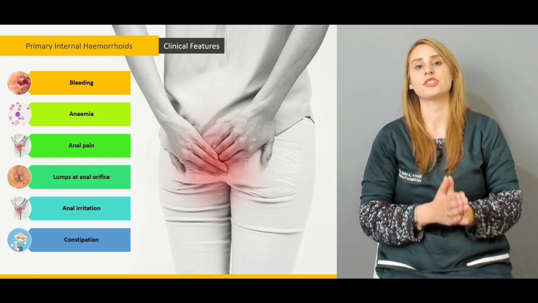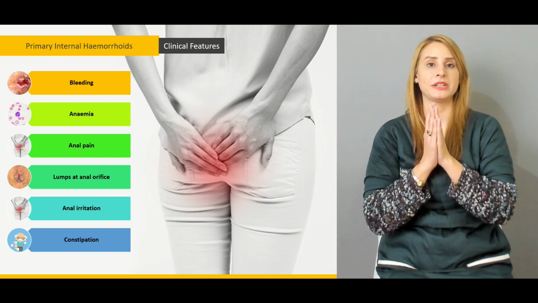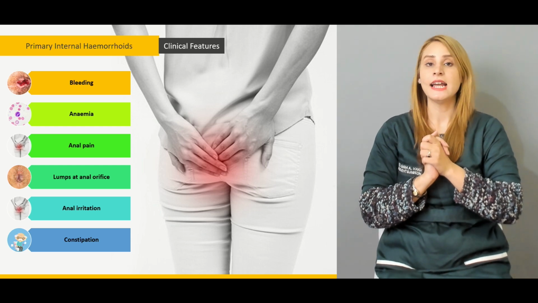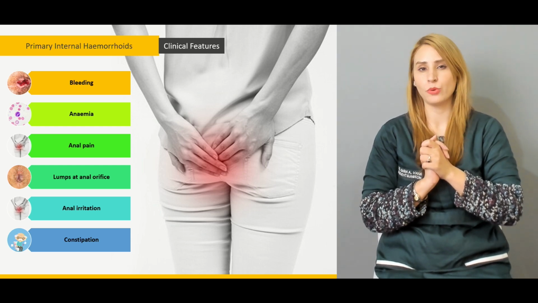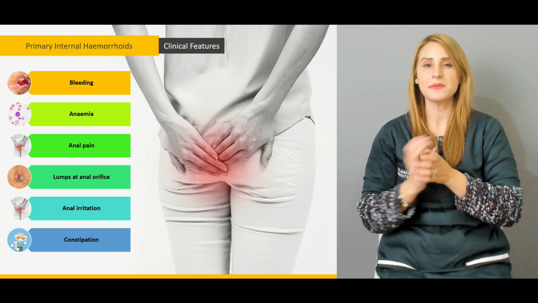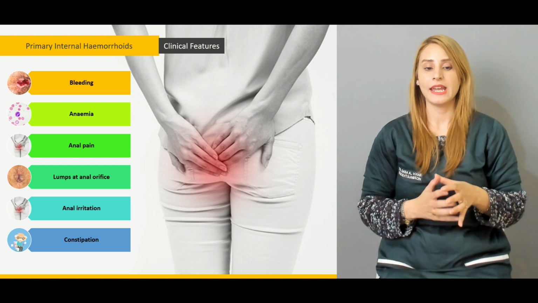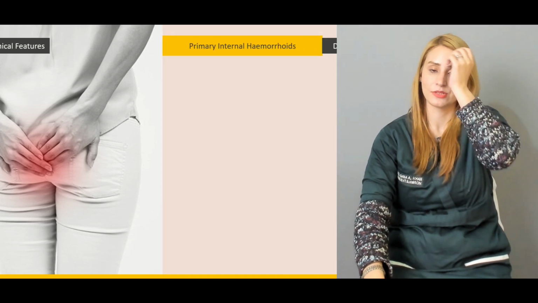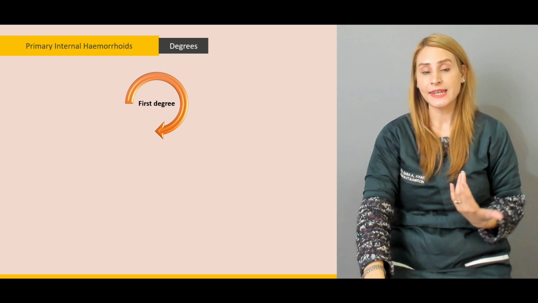So the constipation with a painless PR bleed and something coming out of the anus, these are the cardinal clinical features. Other than that, there can be anal pain when they're thrombosed, and there can be anal irritation, or there can be something coming out of the anus.